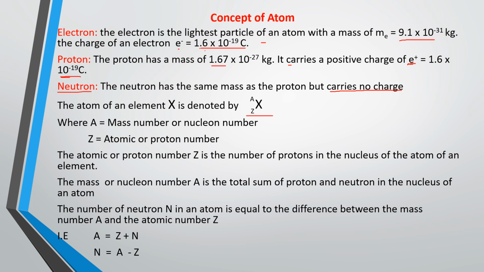All right, where A is known as the atomic or nuclear number, while Z is known as the proton or atomic number, as the case may be. So in your chemistry, I'm sure you must have been taught this.